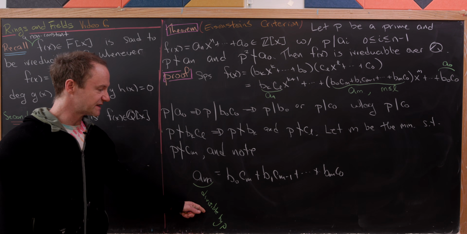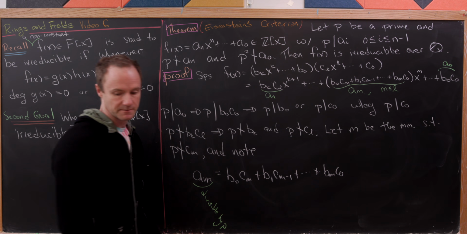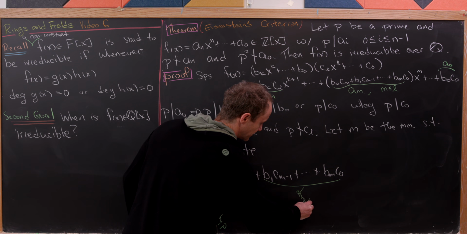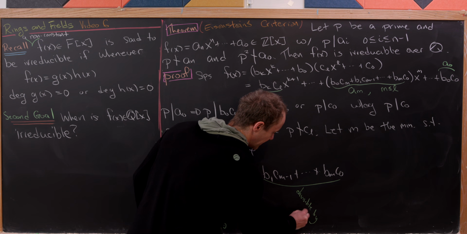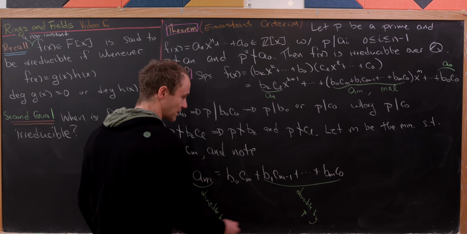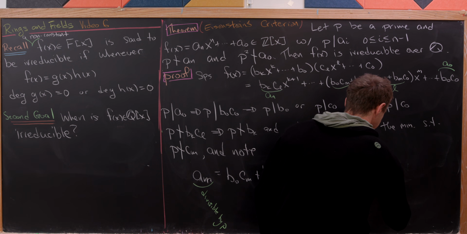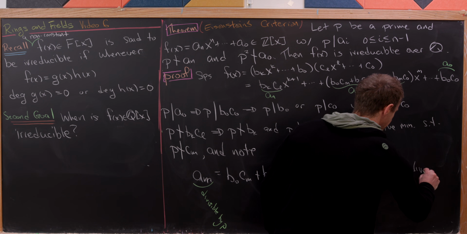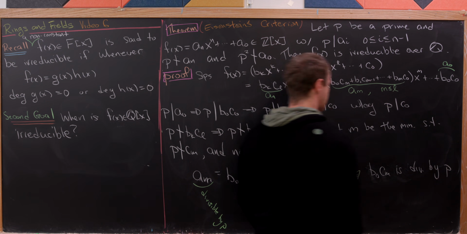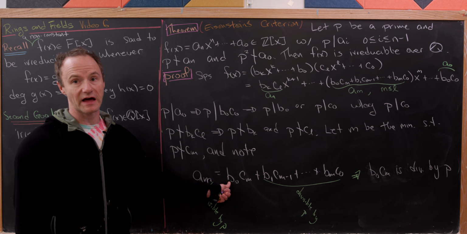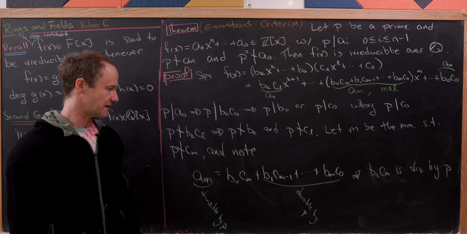Okay, so this part right here is divisible by P. And then all of this tail right here is also divisible by P. But that implies that B0Cm is divisible by P. Because if those two parts are divisible by P, the leftover part is also divisible by P.